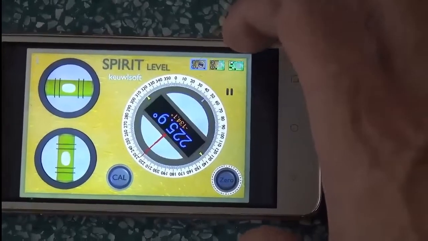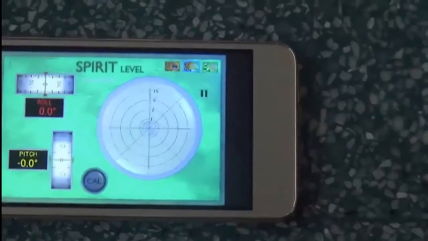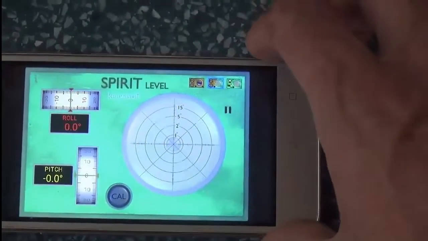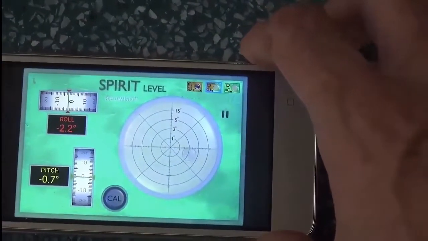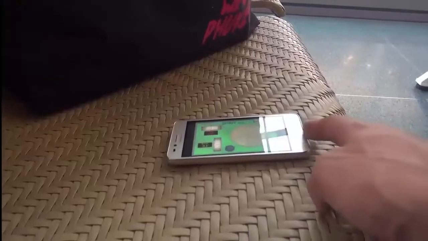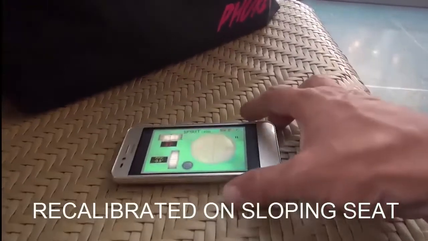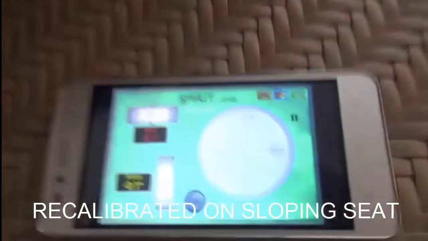We can also change the view. You can see here the bubble is in the center on the floor. You can see that it's sloping, okay, because it moves on its own, and the bubble is now over here.